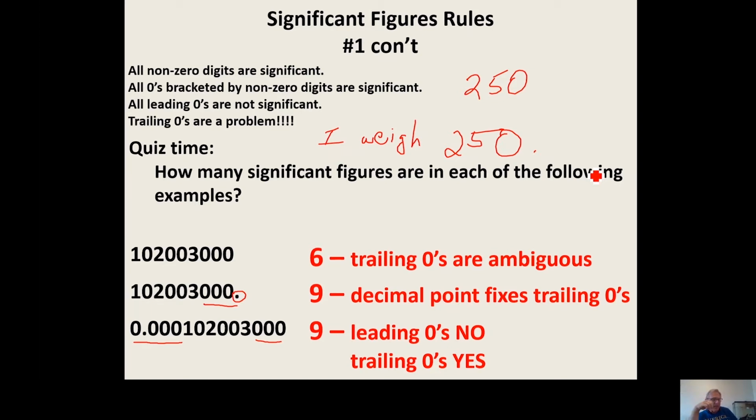You have to get the meaning out of context. If you just write down a number and throw a dot at the end of it, you have to get the meaning out of context. So just looking at a number, I would say those first two, in all good conscience, are both ambiguous. But we can go by the chemistry rule where the first one will be 6, the second one will be 9.